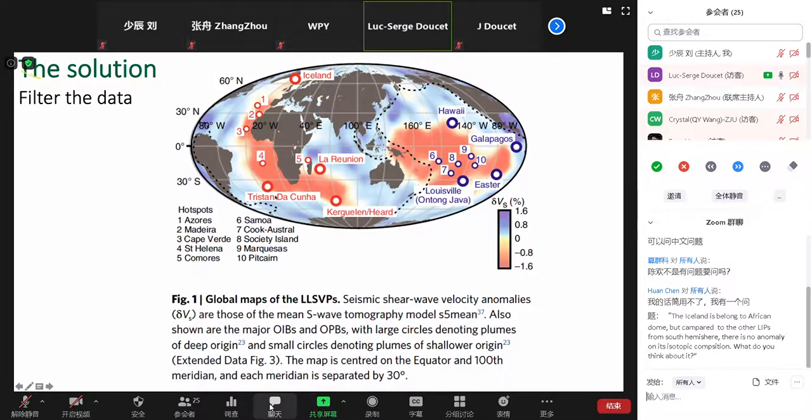So that's what we argue. Iceland might be something preserved, maybe because it's so far away from where the contamination occurred. That's the most plausible answer for why Iceland has primitive signatures within the African domain.